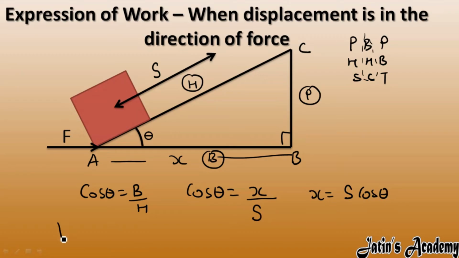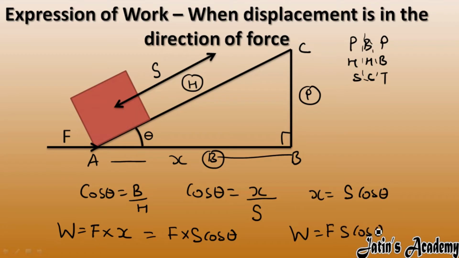In the work done formula we have force and displacement occurring in the direction of force. So F is the same, and x we got as s cos theta. Okay. So here we got the work done formula as W equals Fs cos theta.